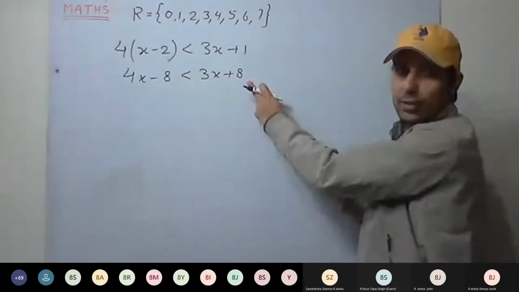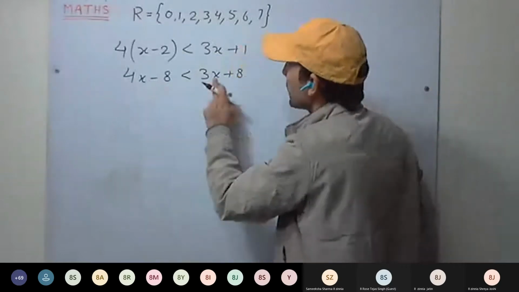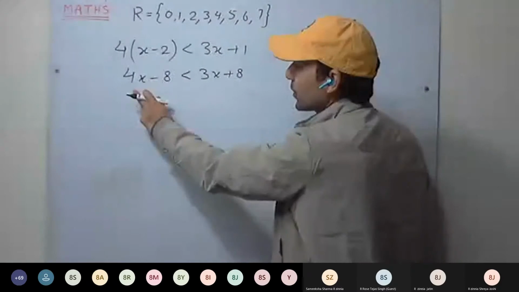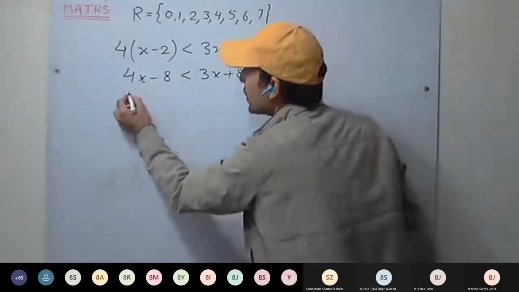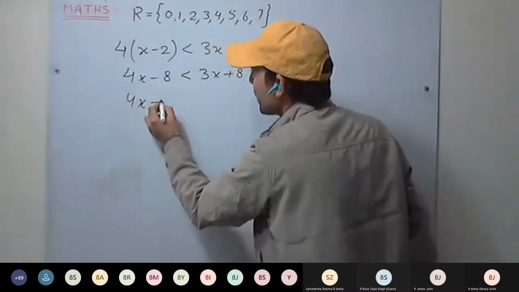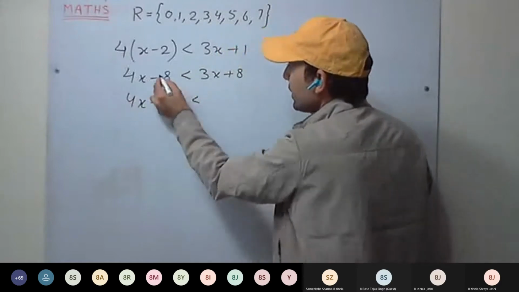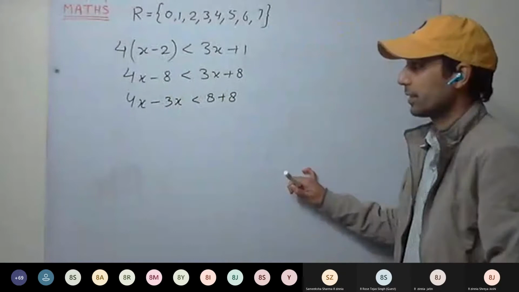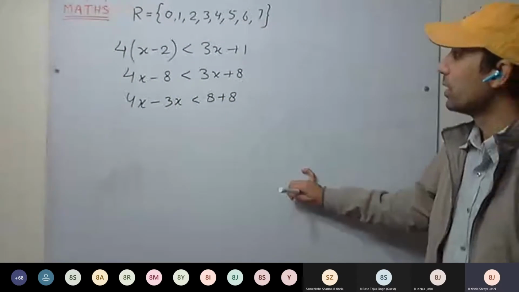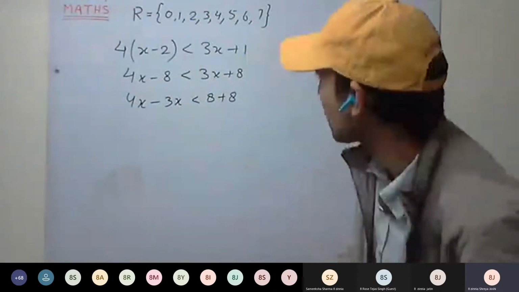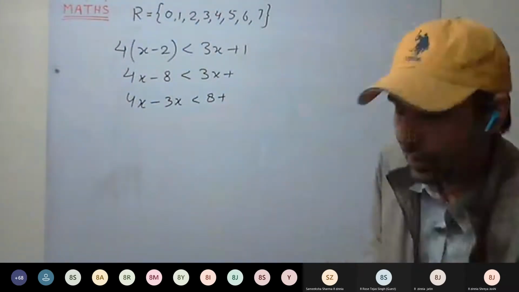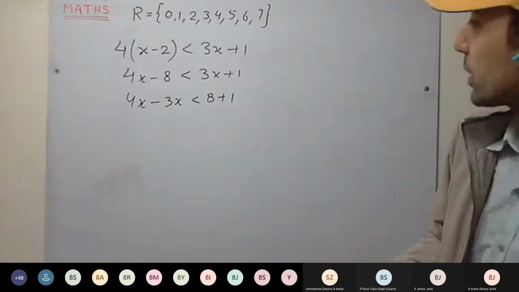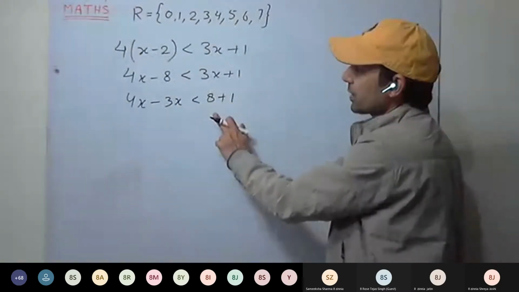So constants we will be taking on this side, and x we will be taking on the left hand side. 4x minus 3x less than 8 plus 1. This is plus 1. It is 3x plus 1. Okay. This will be the result.